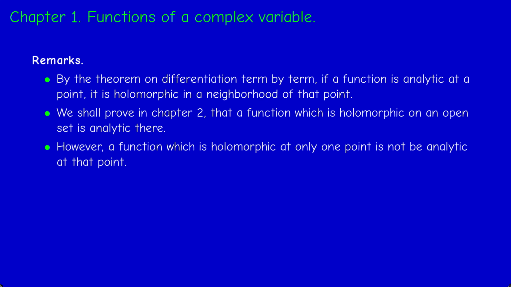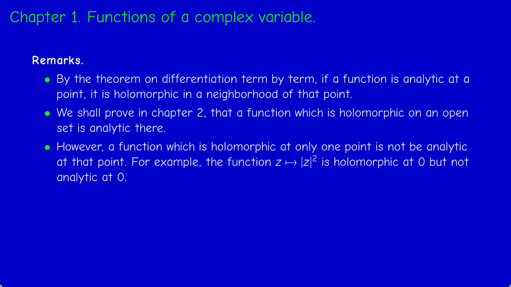But a function may be holomorphic at only one point. This is the example we gave last time: the function given by modulus squared is holomorphic only at 0. So it is not holomorphic on a neighborhood of 0, and therefore it is not analytic. You have to pay attention to this distinction.